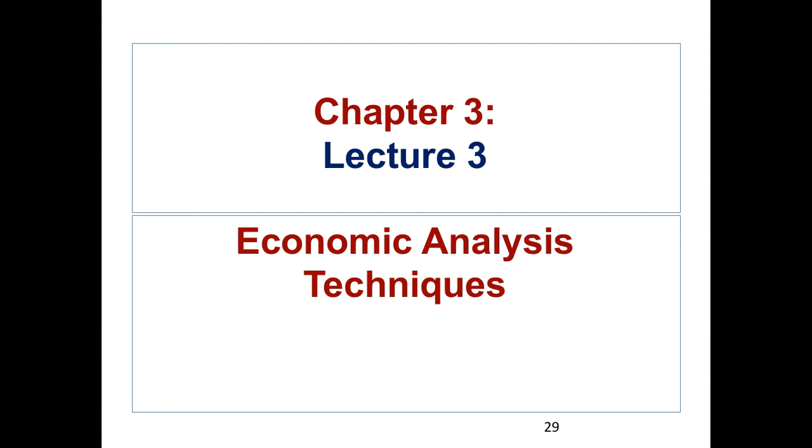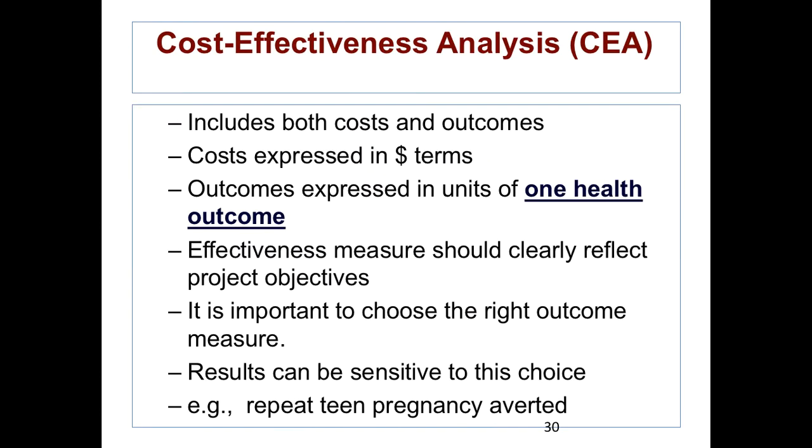And for cost-benefit analysis, the limitation is that you compare both cost and benefit in terms of monetary values, which sometimes is not ethical, to put money values on human life. So therefore, we need another economic evaluation, such as cost effectiveness analysis, which includes both costs and outcomes.